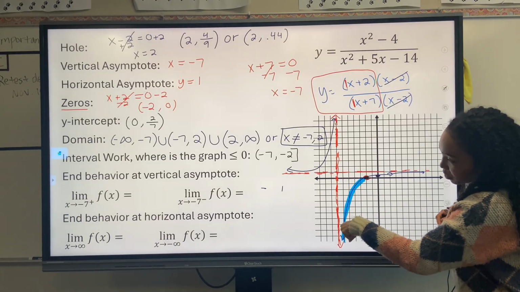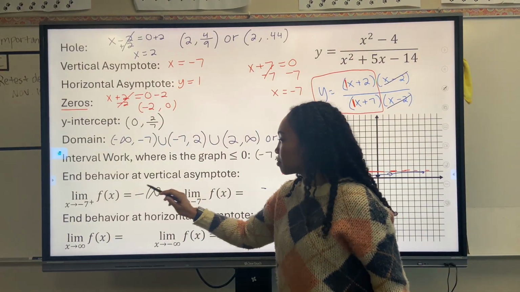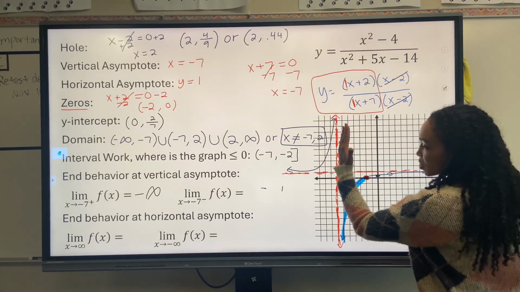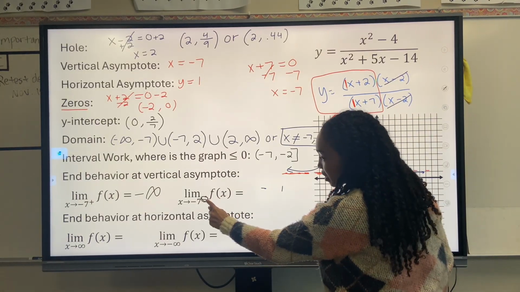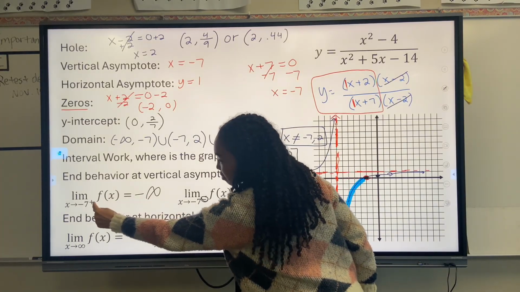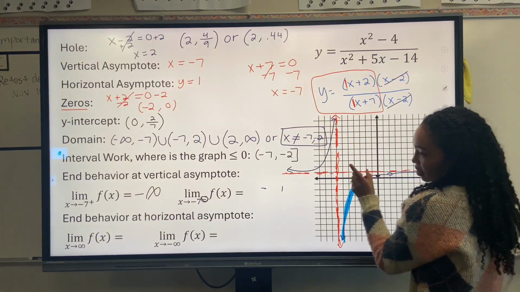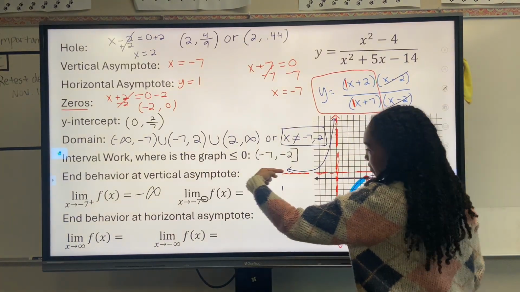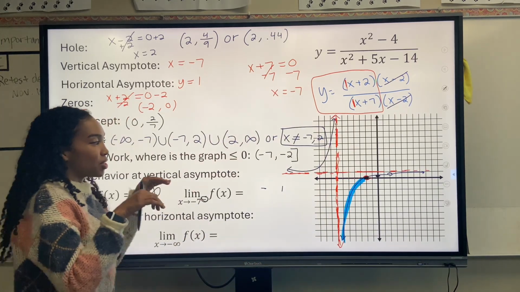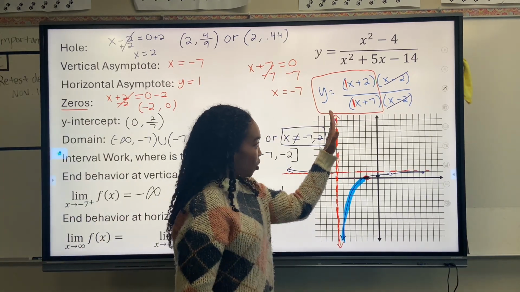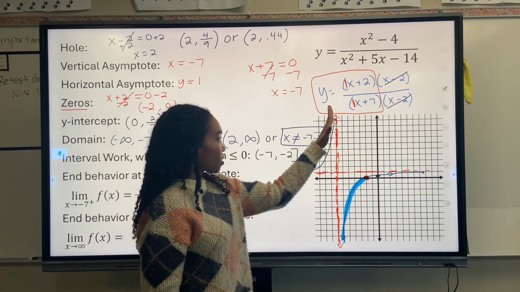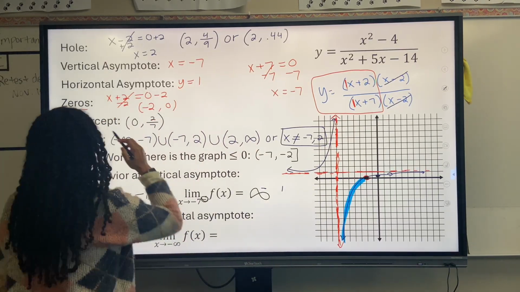So it's going down to negative infinity. That little positive means it's coming from the positive side. This negative means it's coming from the negative side. So as I come from this direction and I approach this asymptote, the graph is going up. So this is infinity.